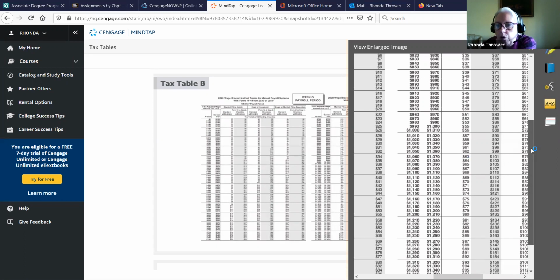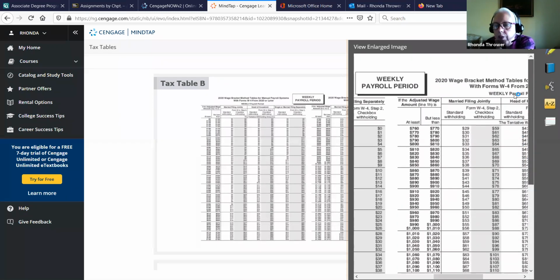Now, make sure on the table that you're under the category that says married filing jointly, because this person was married filing jointly, and also because the problem told us that there was standard withholding. Then you're going to be married filing jointly, standard withholding. You're going to come down here to the amount from 1,060 to 1,070.